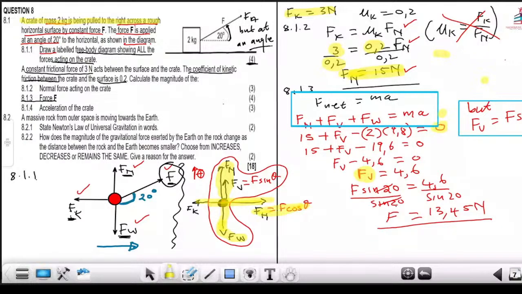what 8.13 says. It says, calculate the magnitude of F. How can one calculate the magnitude of F? When you look into the free body diagram that we drew here, the one with the red dot, it looks like everything is complex.